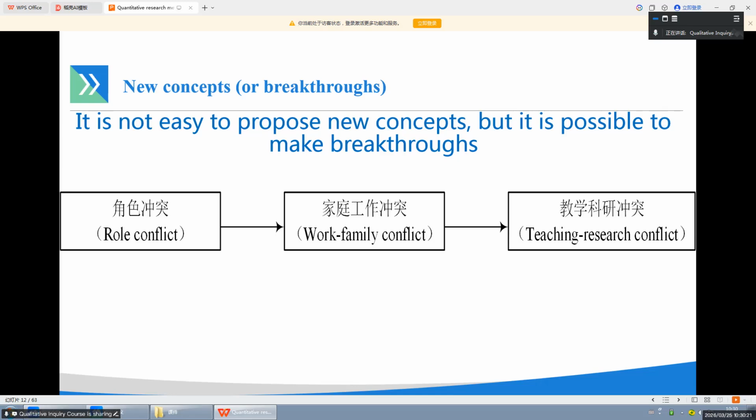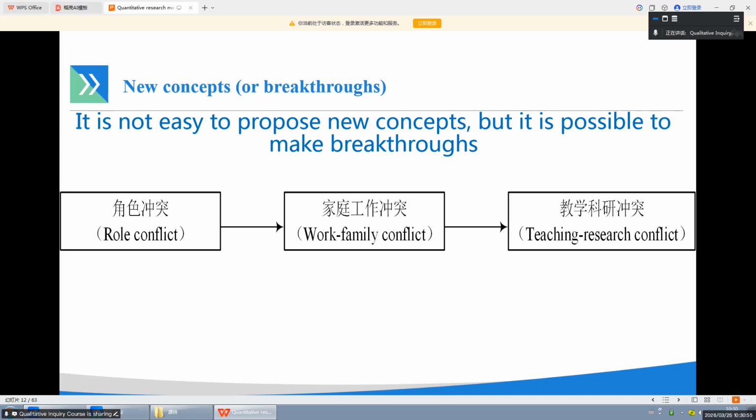So desirably they complement each other, but in reality, we all have limited time and limited energy. So as a result, most of us will spend more time on the role that is more valued, right?